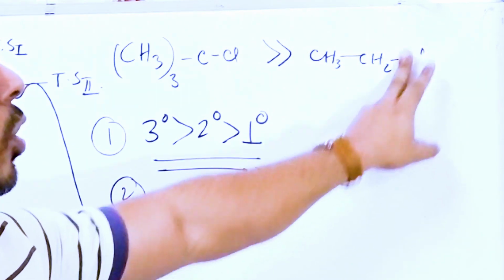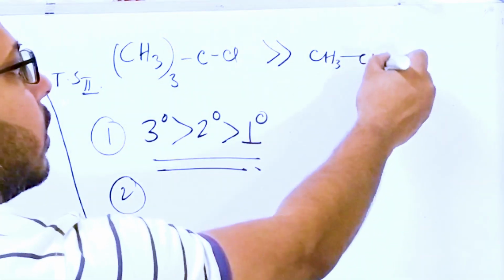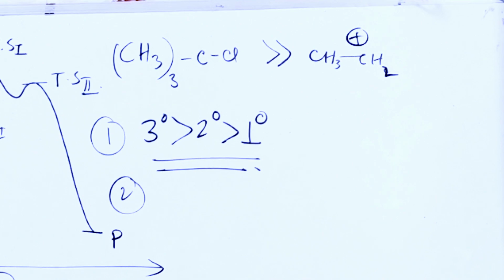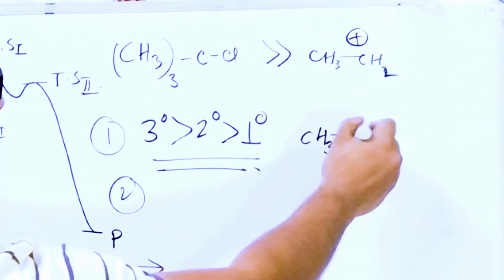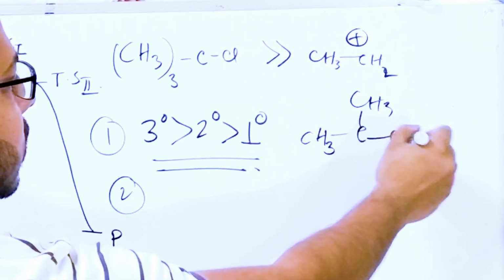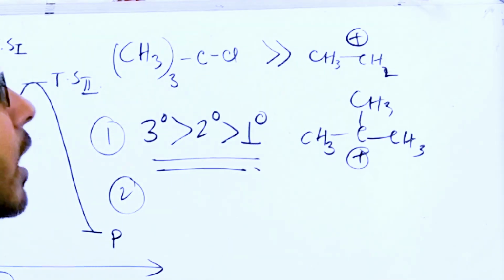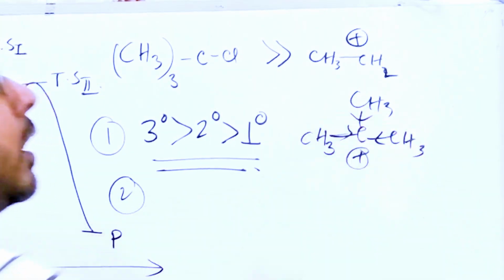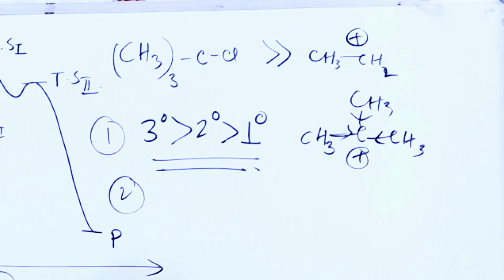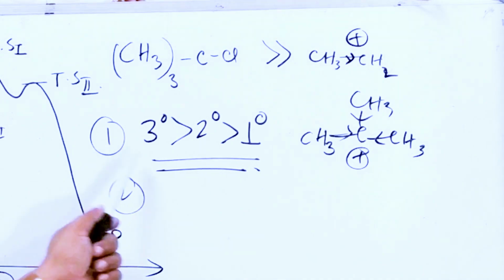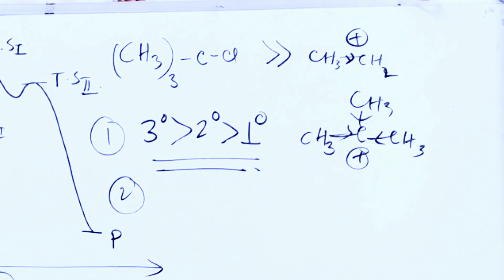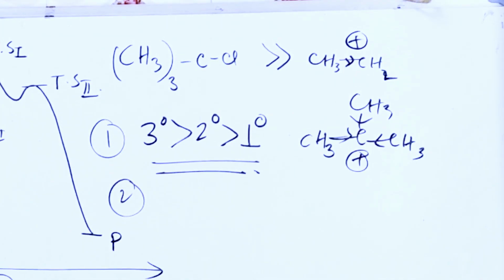After elimination of this chlorine, you will get this 1 degree. And after elimination of this chlorine, in this case, you will get 3 degree. So the 3 degree carbocation is much more stable because it is supported by the hyperconjugation effect of 3 methyl groups, and here the support is only 1. So that is why the SN1 rate for 3 degree carbocation is much higher than 2 degree, much higher than 1 degree.